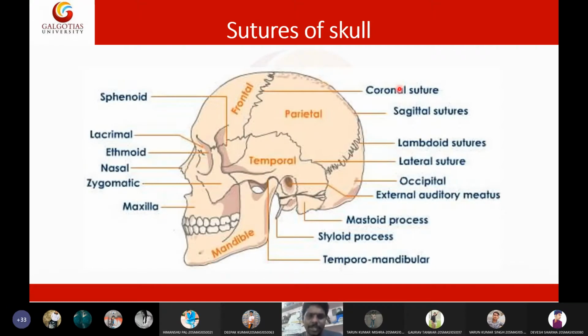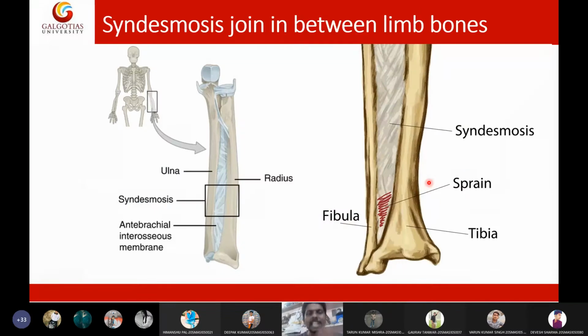We have many sutures in the skull: coronal, sagittal, lambdoidal, occipital, squamous. All these sutures are present in the skull, which are fibrous immobile joints.